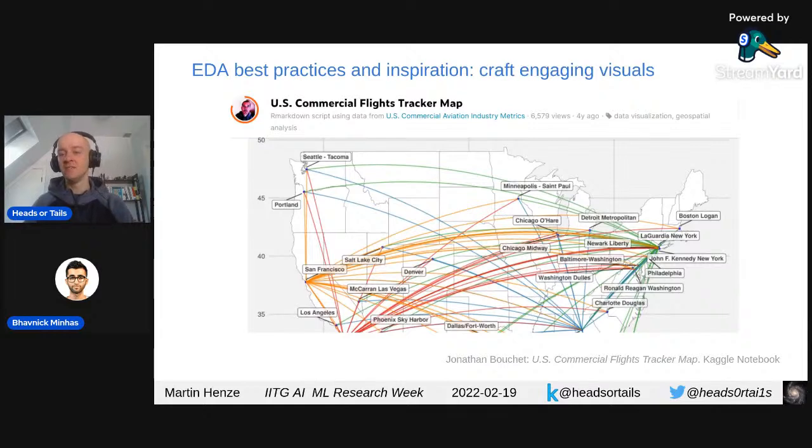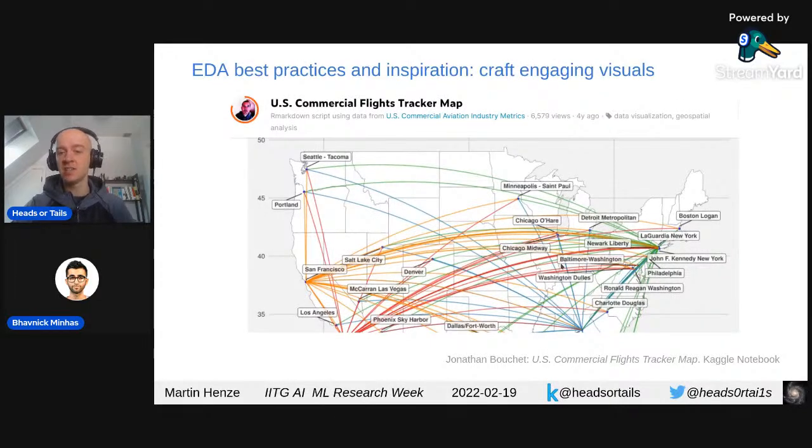And if you're building visualizations, then you want to always start out with something simple, but sometimes you want to build really sophisticated and engaging visuals, and that takes some time, some effort, and some expertise. So here, this author, who has a lot of great notebooks on Kaggle, took a very complex data set: all the flight routes for commercial flights in the United States between the different airports.